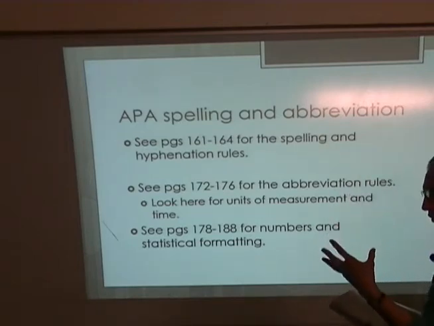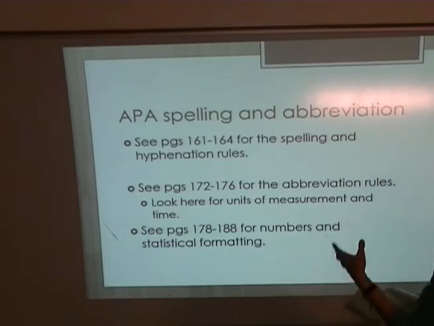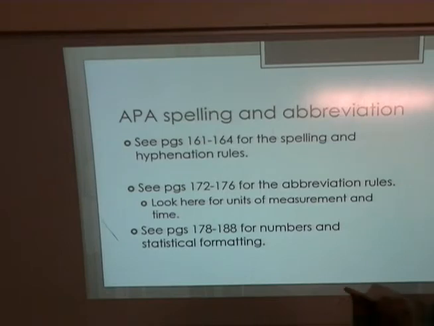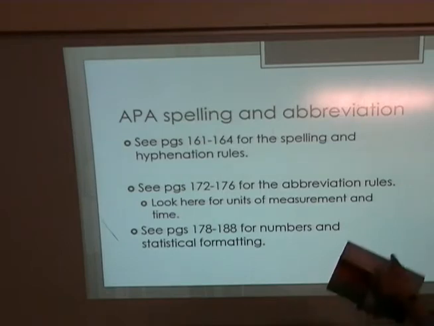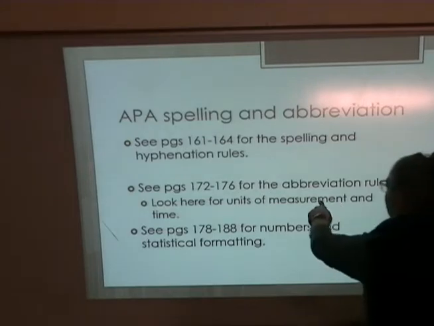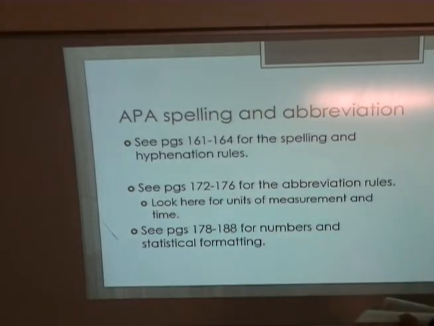All those kinds of things. Again, don't bother learning them, use your book, right? Just assume there's a rule and look for it, because it will be there, I promise you. All right, so units of measurement, units of time are in this area, 172 to 176.